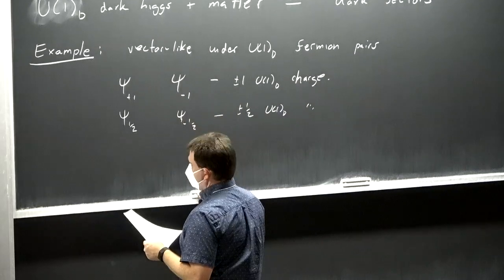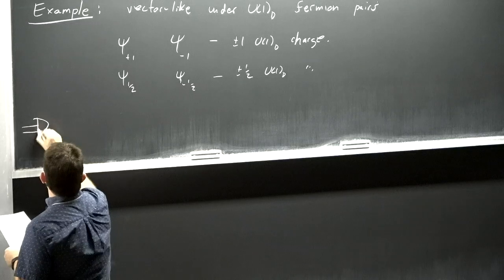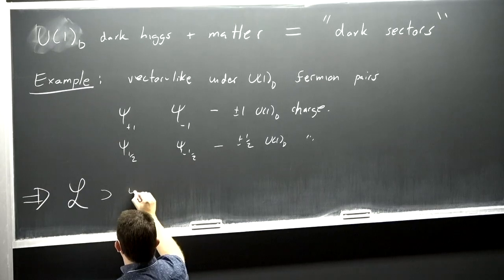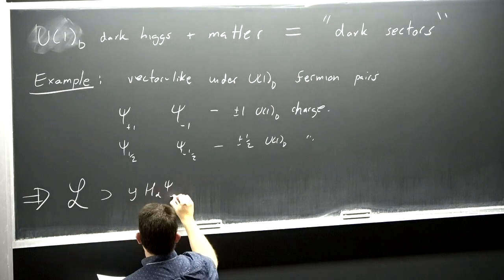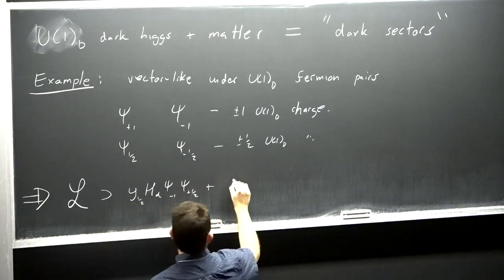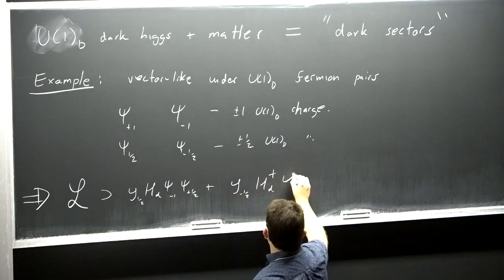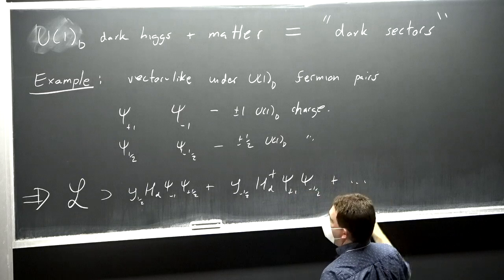And that implies that we can have Lagrangian interactions that include things like y h_dark psi_{-1} psi_{+1/2}, call this the half, y h_dark conjugate psi_{+1} psi_{-1/2}, plus dot, dot, dot.